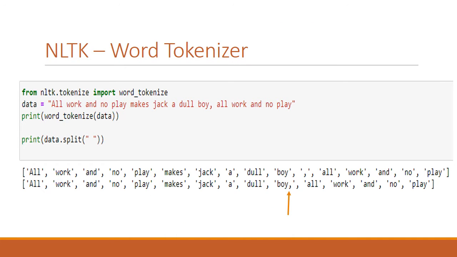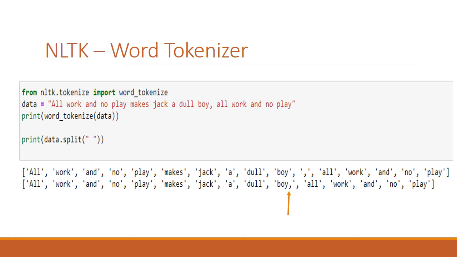One of the functions made available in the Python Natural Language Toolkit is word tokenize, and word tokenize will tokenize a string into tokens. So in our example, we show how we import word tokenize.